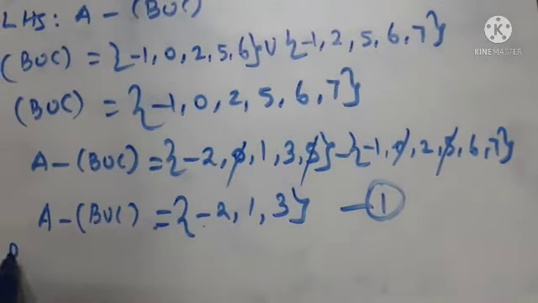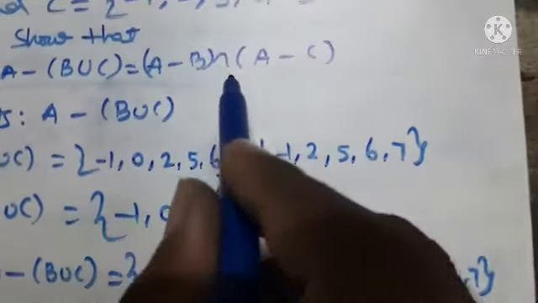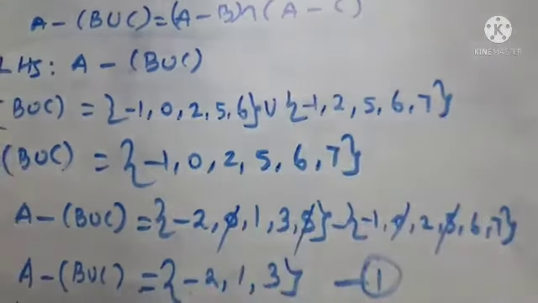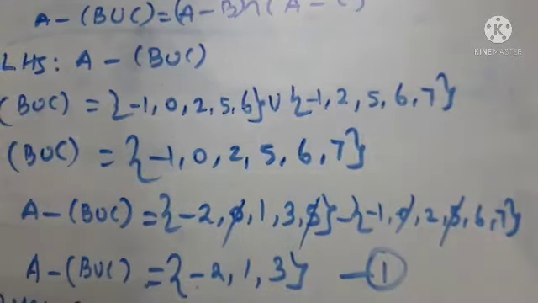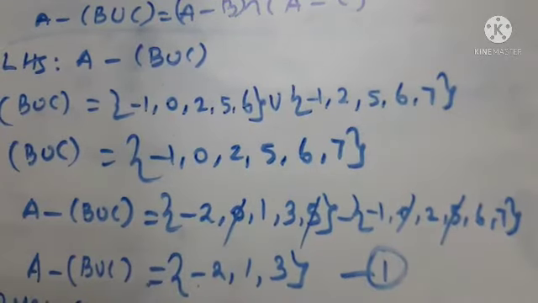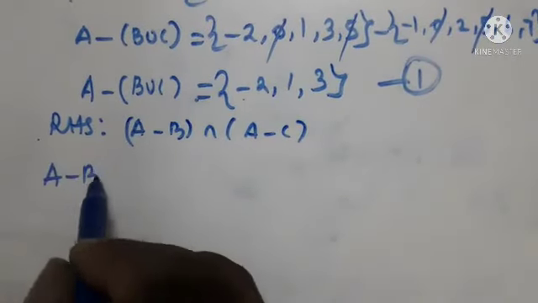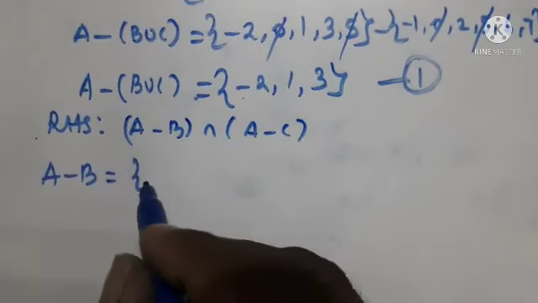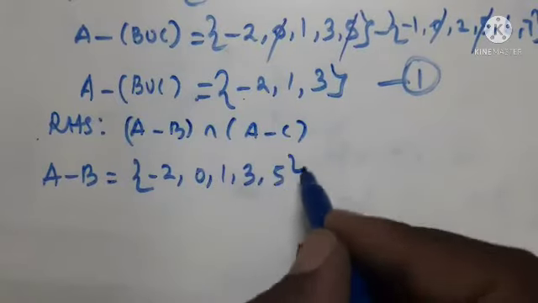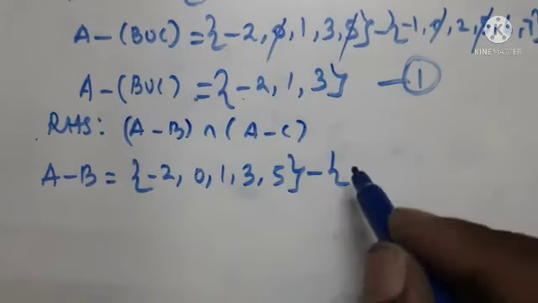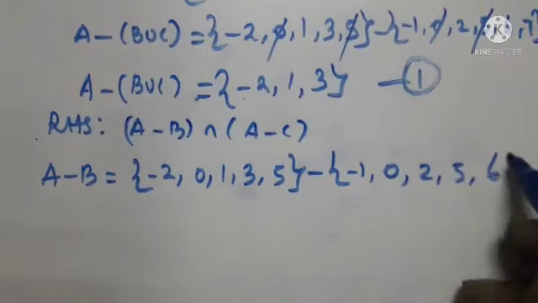Then RHS: (A − B) ∩ (A − C). So first solve A − B. A − B: write the elements of A, {-2, 0, 1, 3, 5}, minus the elements of set B, {-1, 0, 2, 5, 6}.